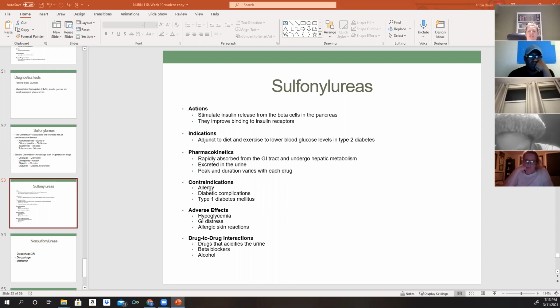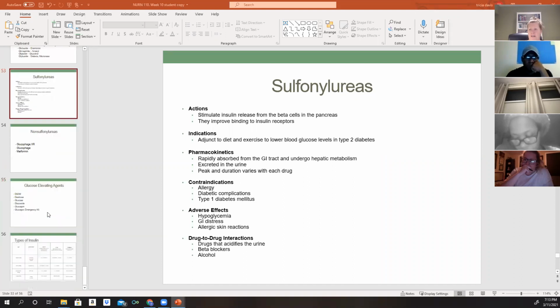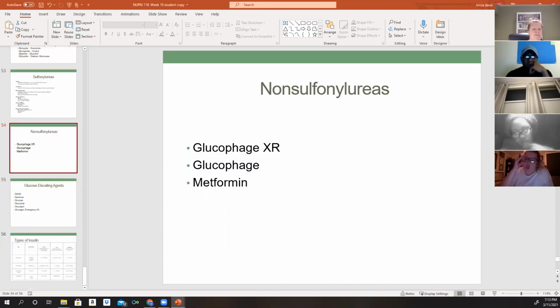If you're on beta blockers, you don't get those symptoms, or they're not as severe, so it might not be as easy to notice. And then you would want to use cautiously with alcohol, because remember we said it undergoes hepatic metabolism, and alcohol is hard on our liver.